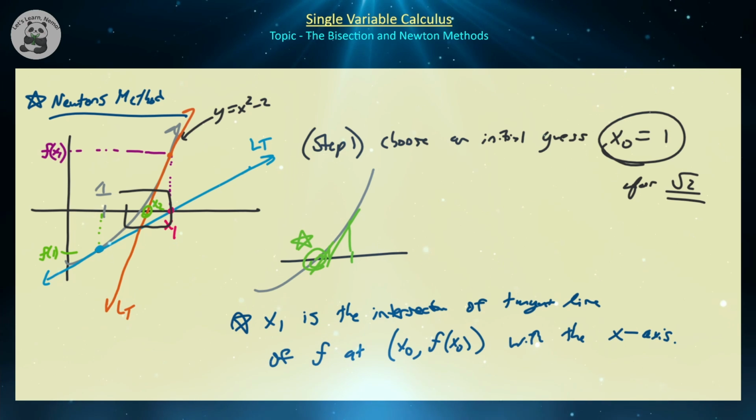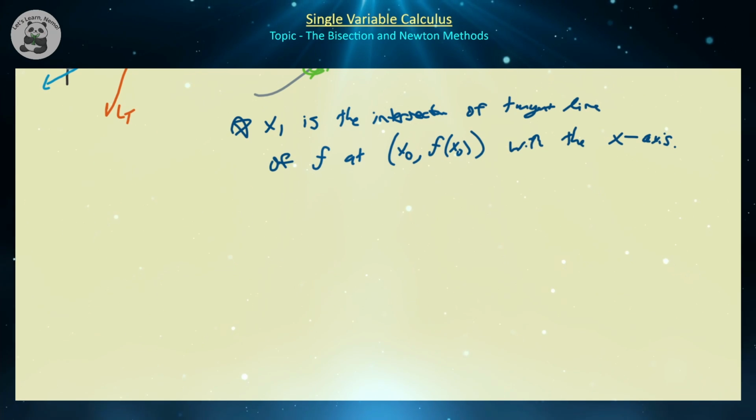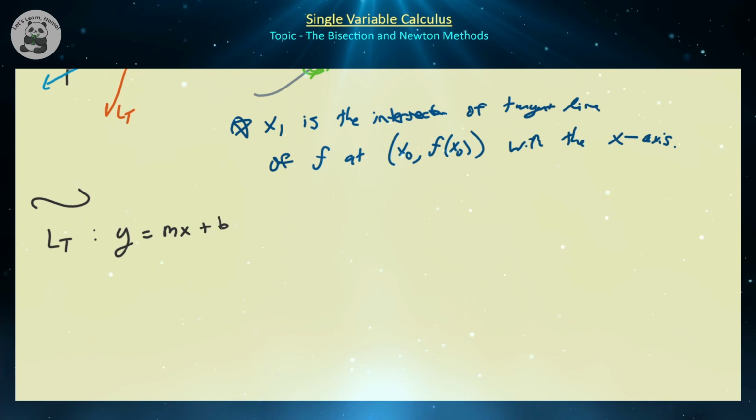And once we find that intersection point, then we're going to now call it x0, x1, and then find x2 with that. So let's see if we can find a formula for this Newton's procedure. So our tangent line is going to have the structure, let's call it y is equal to mx plus b. So we already know what the slope of the tangent line is at that particular point. That's just going to be equal to f prime of x0.